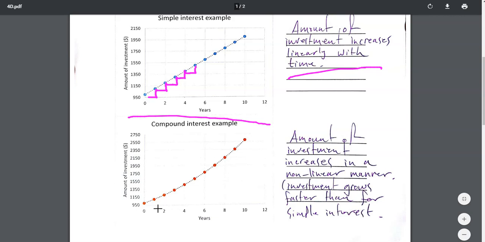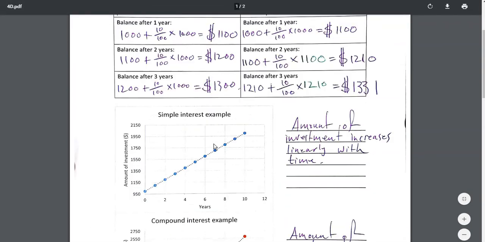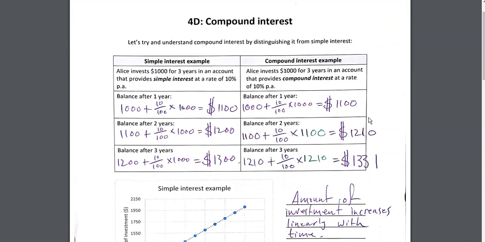But in the example of compound interest, what we can see, if we just for a moment come back up here, if I do 1,210 minus 1,100, I'm going to get $110.